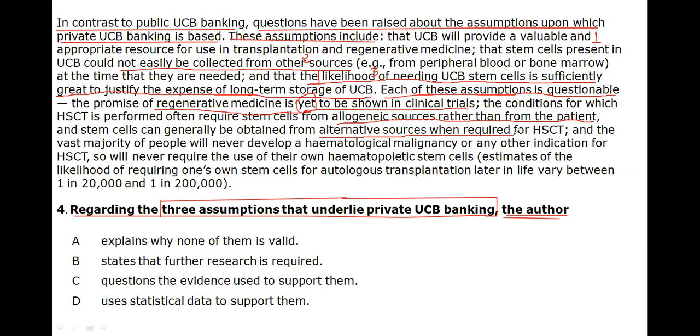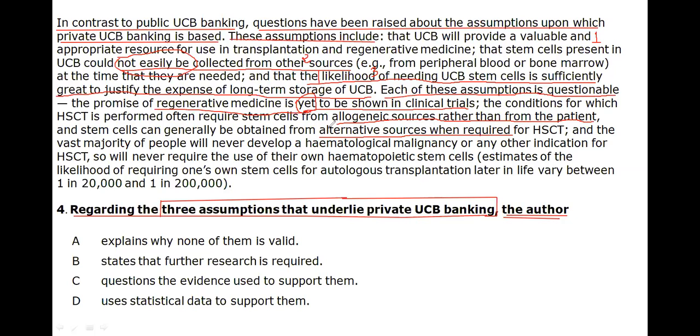See, exactly opposite. Here it says they cannot be easily collected. The writer says they can be obtained, and you need them from allogenic sources. You don't necessarily need someone who has a similar genetic makeup. You need them from any human being, and it can be easily collected.